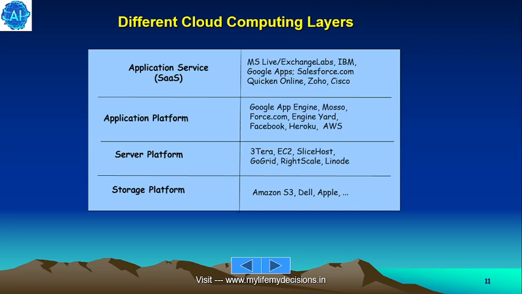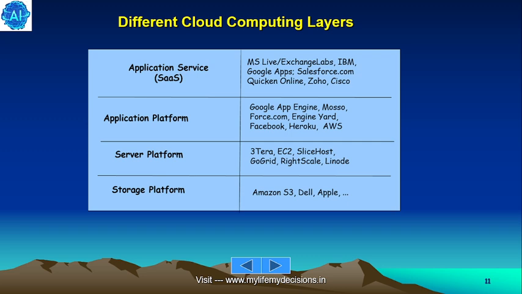Then different cloud computing layers, that is SaaS or application service, which may be one of these or all of them, like MS Live, Exchange Labs, IBM, Google Apps, Salesforce.com, Quicken Online, Zoho, Cisco.